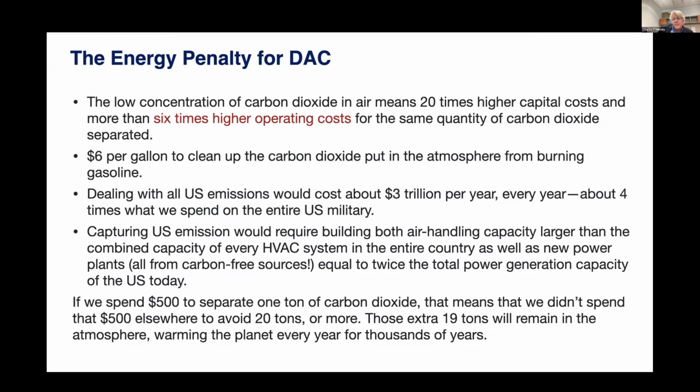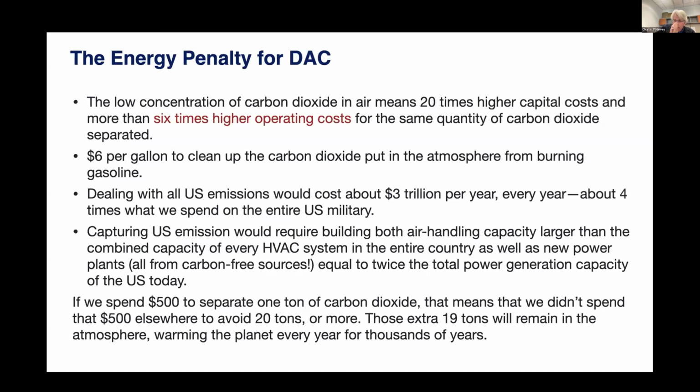So it's probably roughly 6 times more operating cost to remove it than from a smokestack. Think of it this way: the cost to remove the CO2 from the air caused by burning a gallon of gasoline is equivalent to a $6 increase in the cost of that gallon.